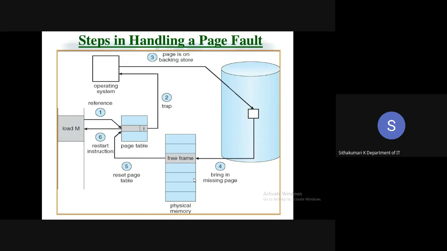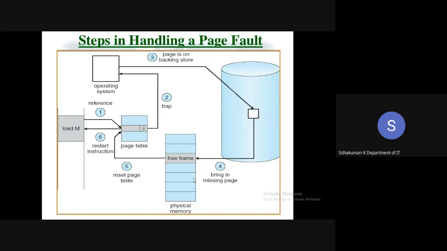Next, once you have brought that page into the physical memory, you need to update the internal tables. You need to reset the page tables, making that valid-invalid bit valid, or 1. Once this step is completed, you can restart the instruction.